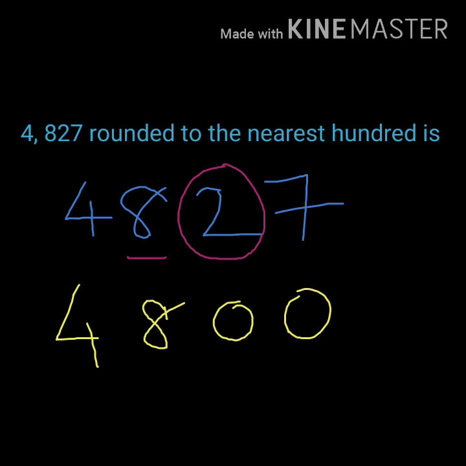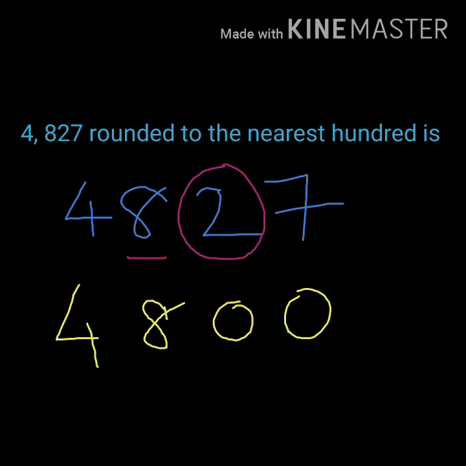And you have to see the first number to its right. The number after the underlined number is 2, which is below 5. So you have to leave the number, that is, you have to change the numbers after it into 0. After the underlined number, everything you have to change into 0. So your value will be 4800. So 4800 is your nearest 100 rounded number.